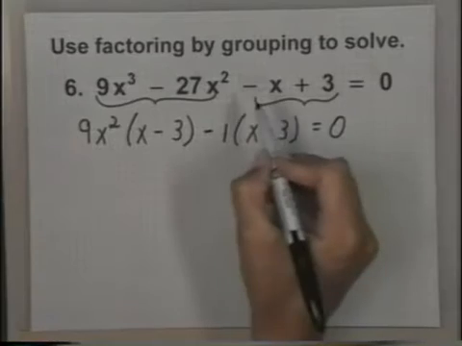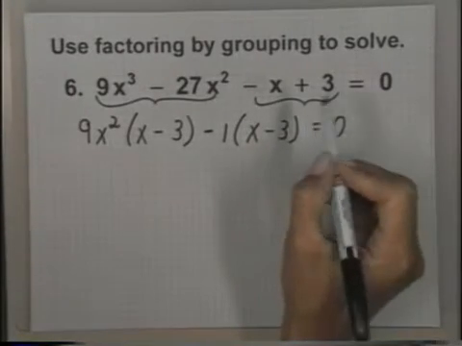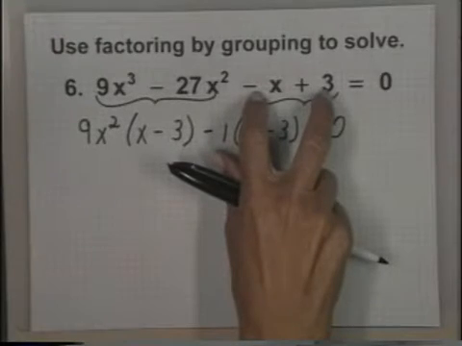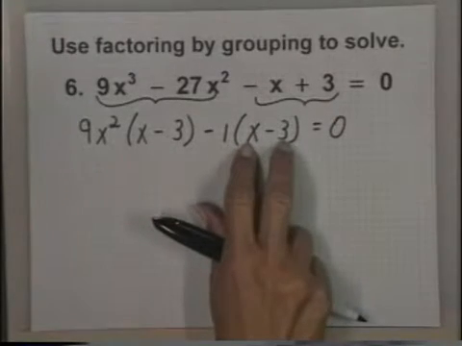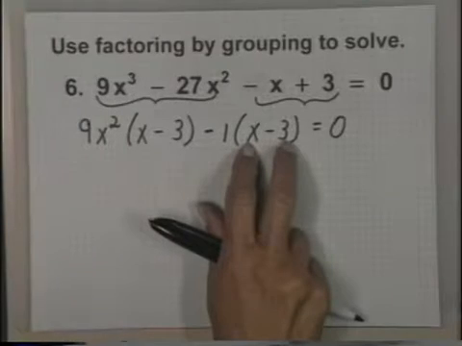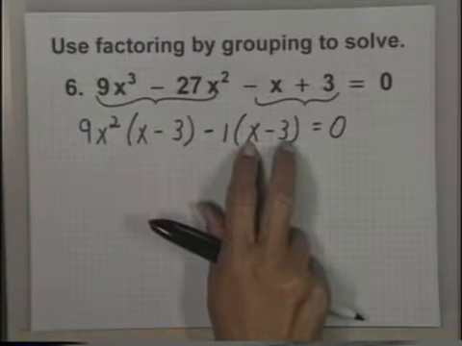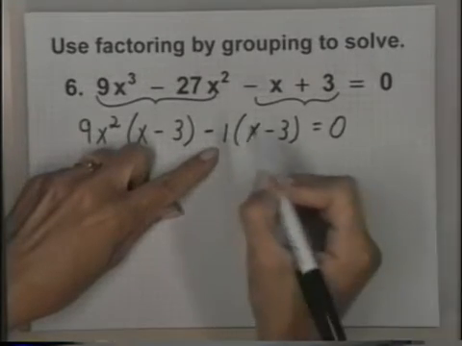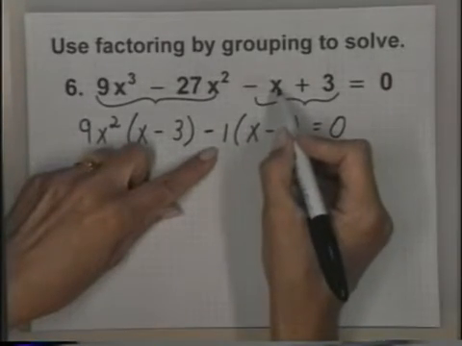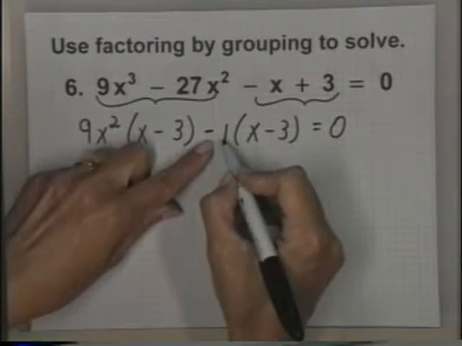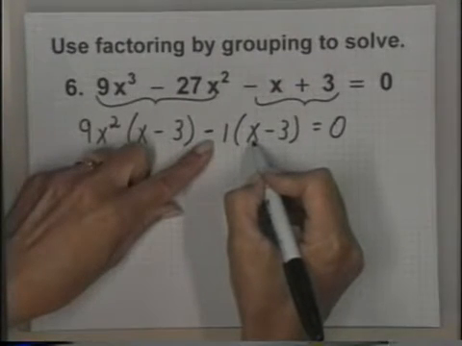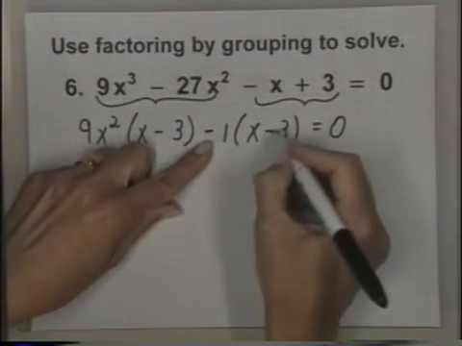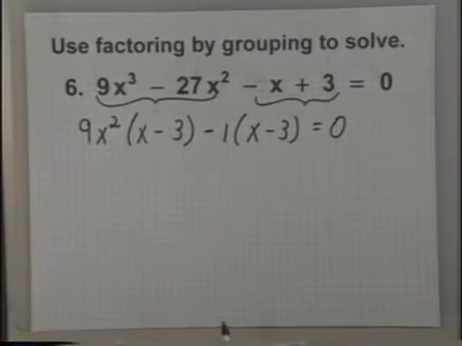If you'll remember, if you factor a negative out of terms, then the signs are the opposite of what they were before you factored the negative 1 out. So this was a negative x. When I factor a negative 1 out of it, I'm left with a positive x. This is a positive 3. When I factor a negative 1 out of it, I'm left with negative 3.